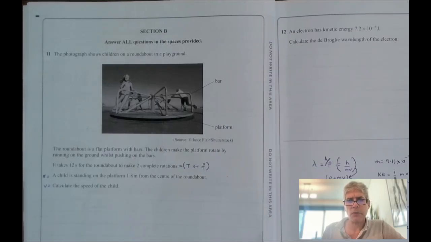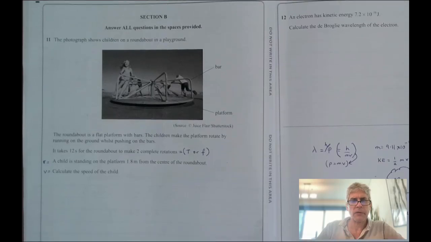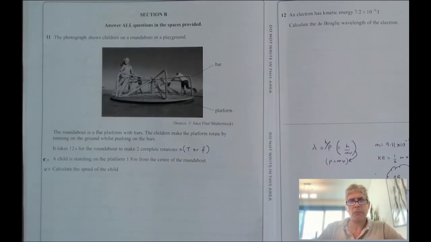You'll notice I've already put some notes down. The roundabout is a flat platform with bars. The diagram shows you the bars and the platform. The children make the platform rotate by running on the ground whilst pushing the bars.